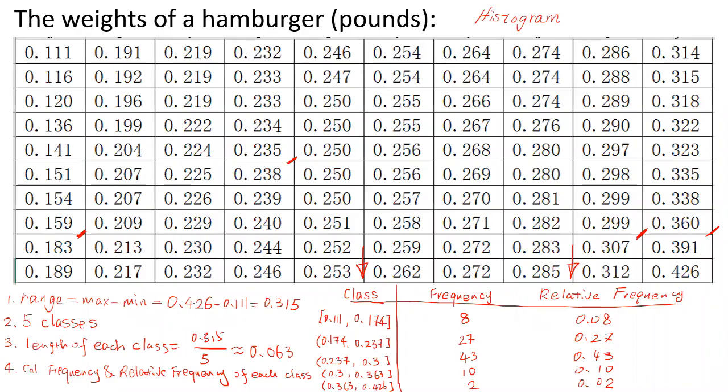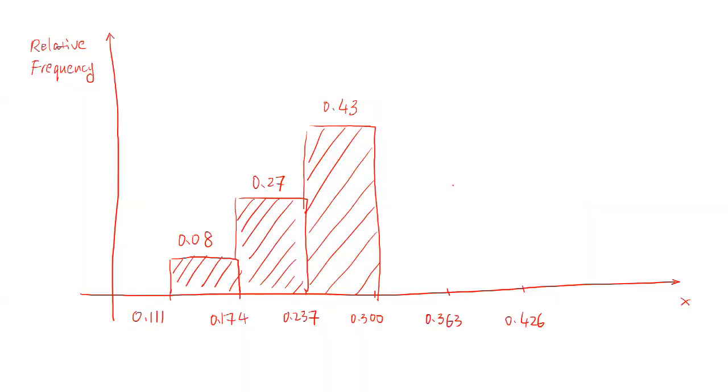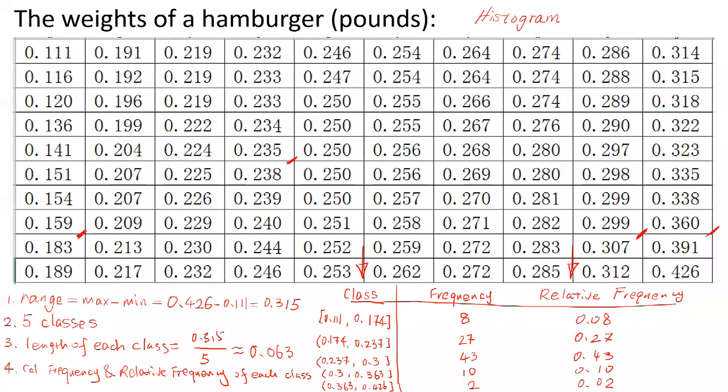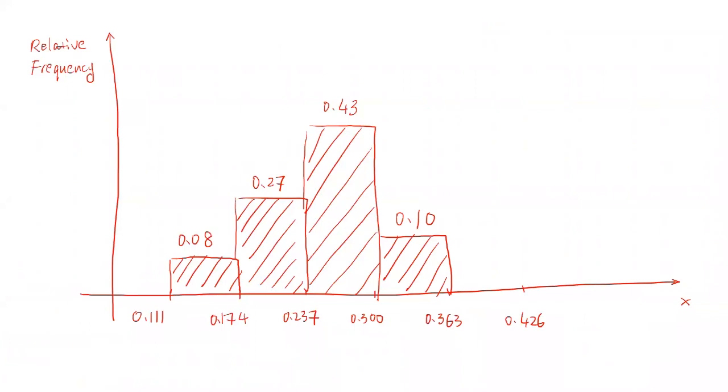0.43. Next class has a relative frequency of 0.10. Next class has a relative frequency of 0.02.